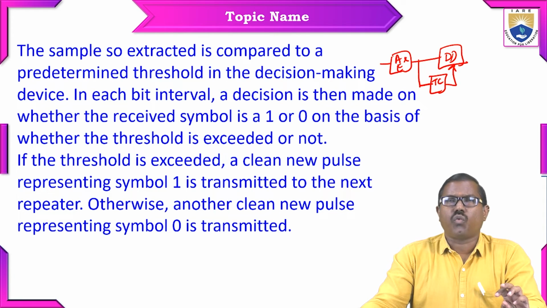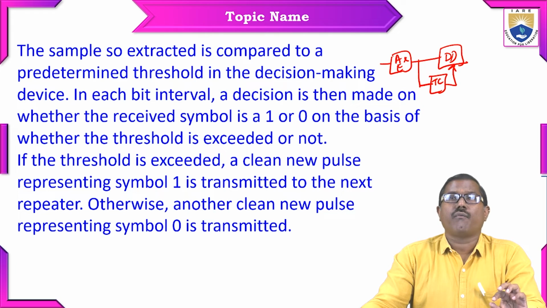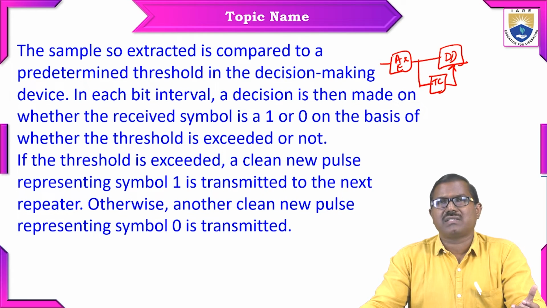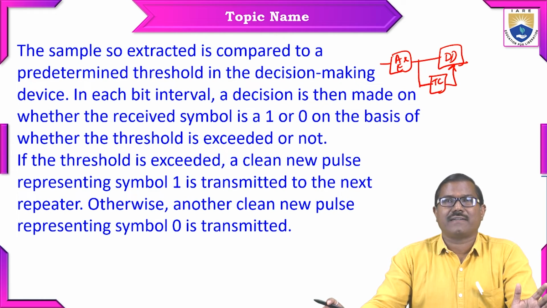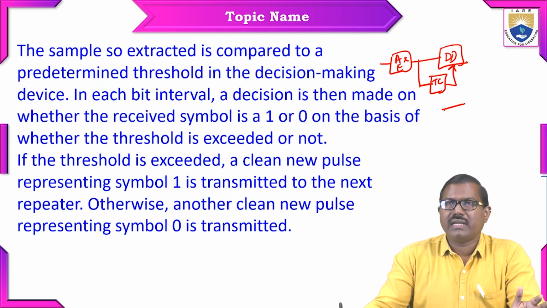Because I am using binary symbols, and binary symbols contain only 1s and 0s. So it may be 1 or 0 on the basis of whether the threshold is exceeded or not. If the threshold is exceeded, a clean new pulse representing symbol 1 is transmitted to the next repeater. So here a threshold level.